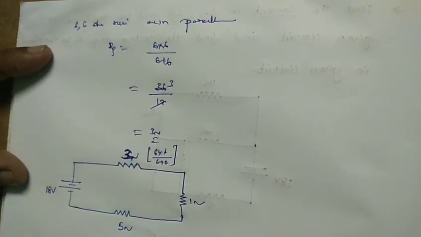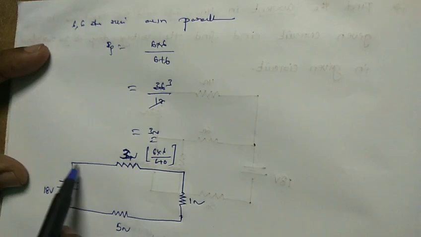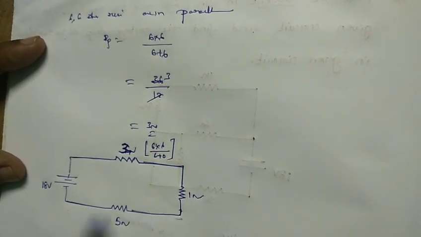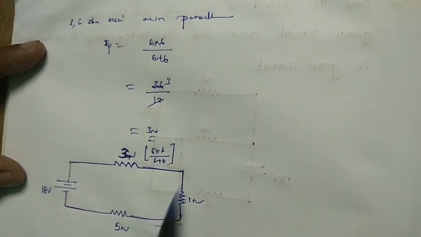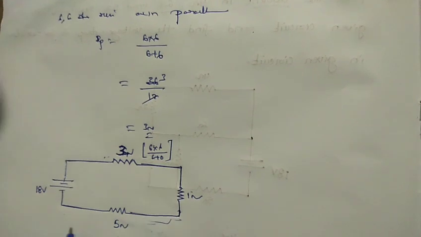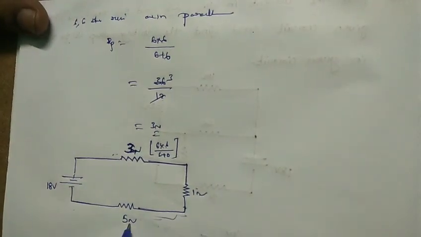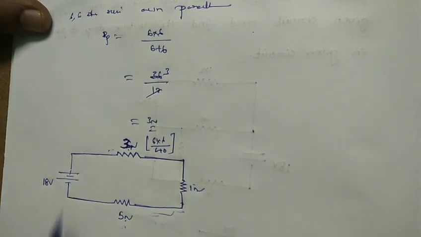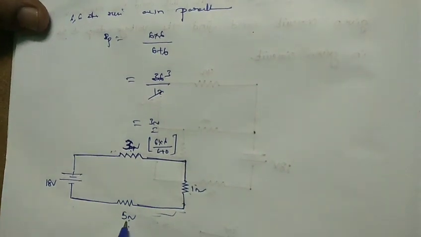18 volts. So now from this battery, the 3 ohms, 1 ohm and 5 ohm resistances are all in one line. That means the 3 ohms, 1 ohm and 5 ohms are in series.